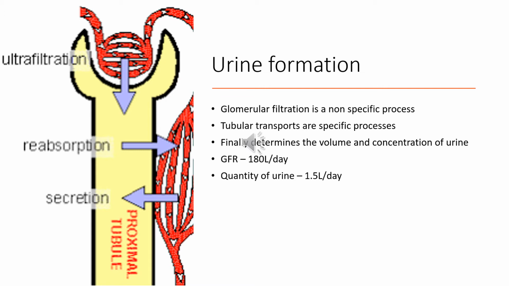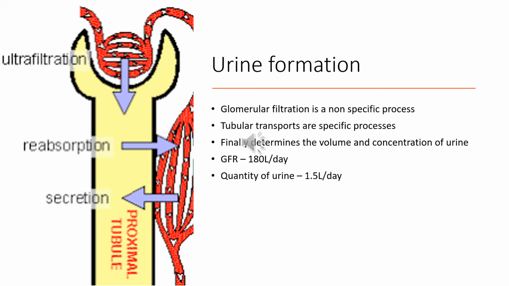And these happen by means of various transport mechanisms. We can see that these transport mechanisms are very selective. That is, they are specific to their solvent or solute. Each solute and water has specific transport mechanisms of its own, whereas in the glomerular filtration process, it was the same for both water and solutes.